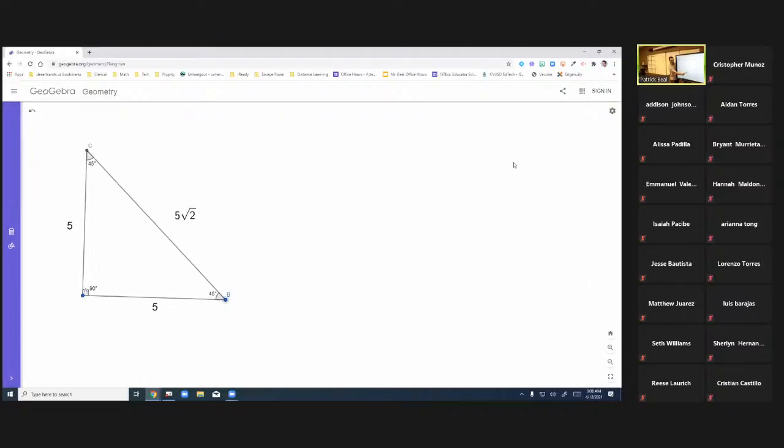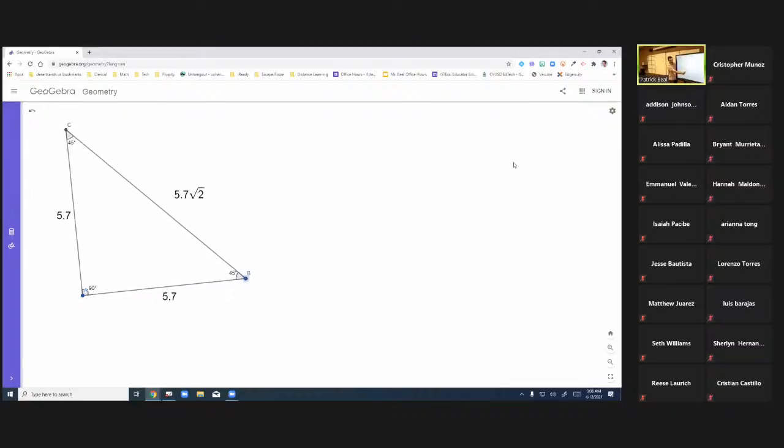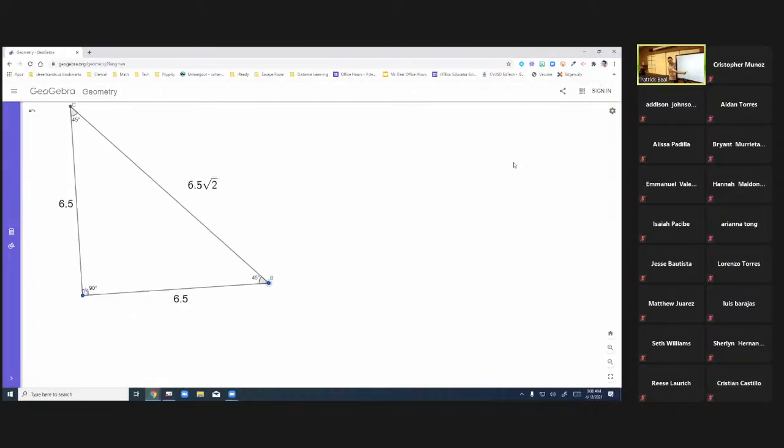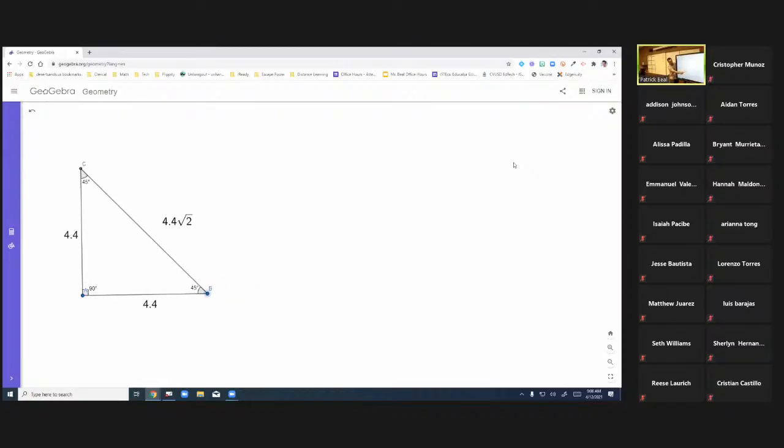No matter what size this triangle is, the legs are always the same, and the hypotenuse is always exactly the square root of 2 times the leg. So those are two patterns that you should see: the legs are always the same, and the hypotenuse is always the leg times the square root of 2.